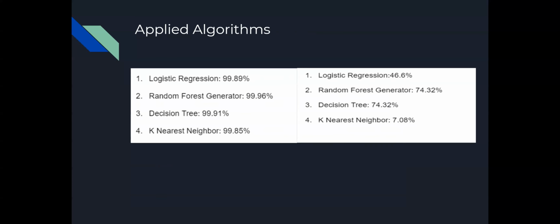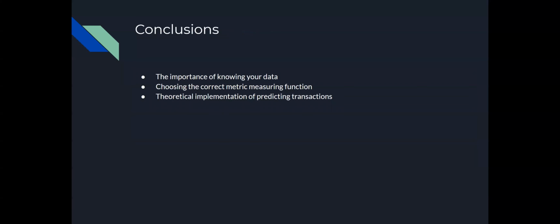Now, I thought it was very eye-opening that when we measure k-nearest neighbor with just your standard accuracy metric, we get 99.85. And then on the right-hand side, when we compensate for the imbalanced data, we get 7.08%. That is a huge difference. That's not even a little bit. That's astronomical.